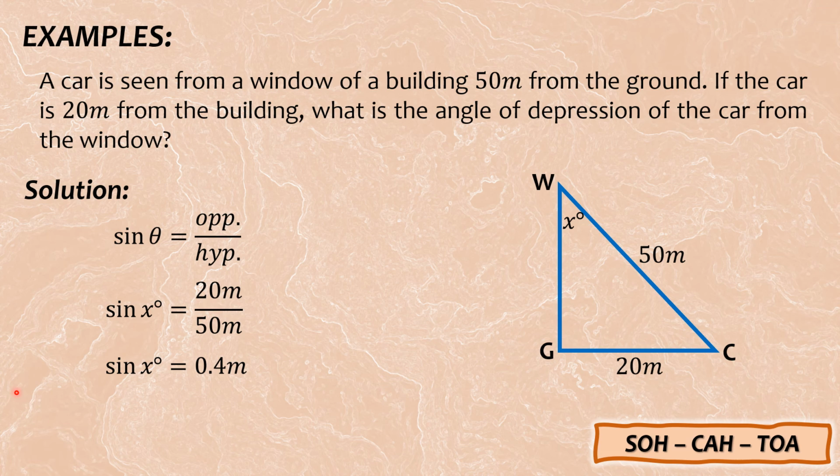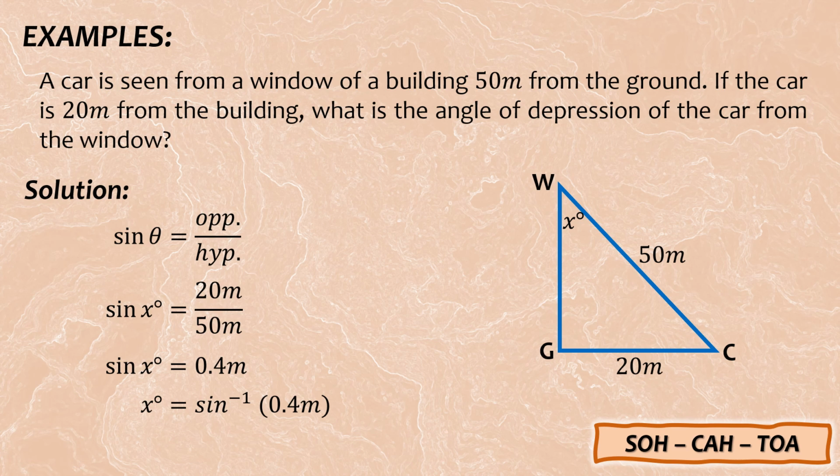And then, what we are looking for is the value of x degrees. So, we need to remove the sine here. So, what we will do is transpose the sine to the right side. So, it will have an exponent of negative 1. So, this will become x degrees is equal to sine raised to negative 1 times 0.4.